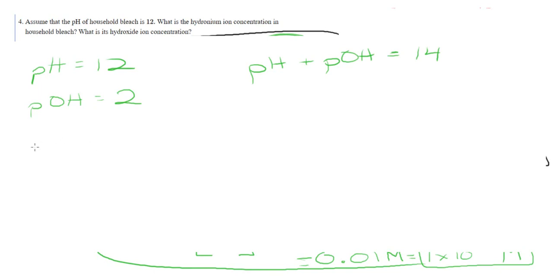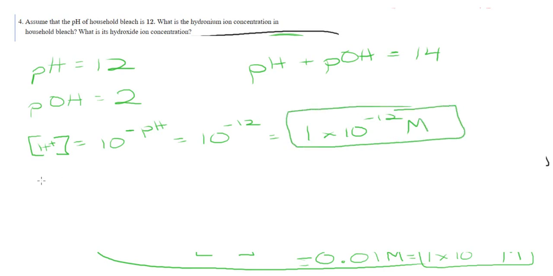And so if I know that the pH is equal to 12, I can calculate the concentration of the hydrogen ion by raising it to a power of the negative pH, which would be 10 to the negative 12th, which equals 1 times 10 to the negative 12th molar.